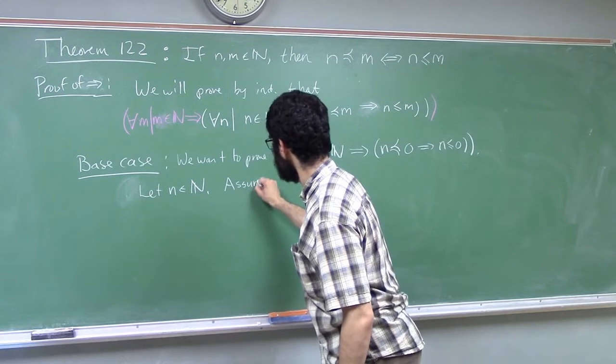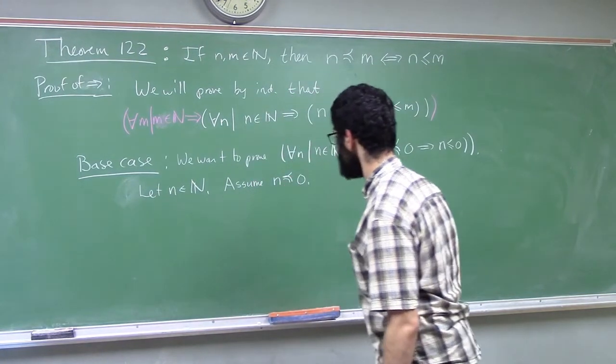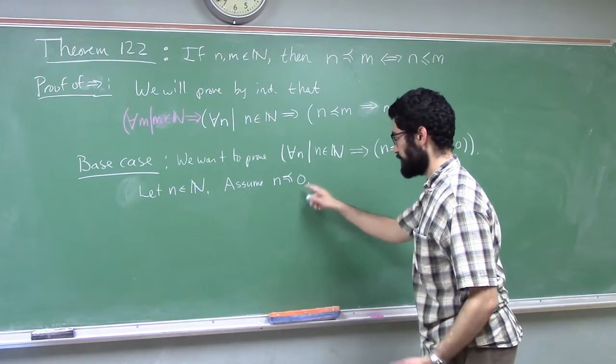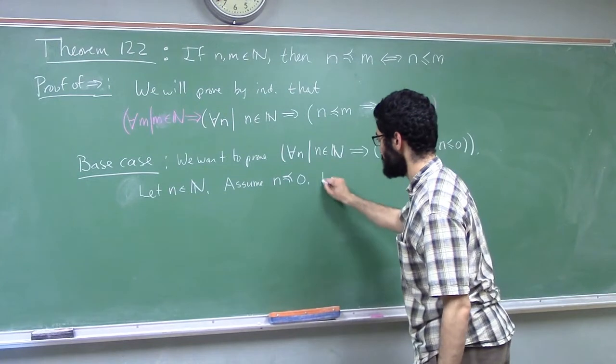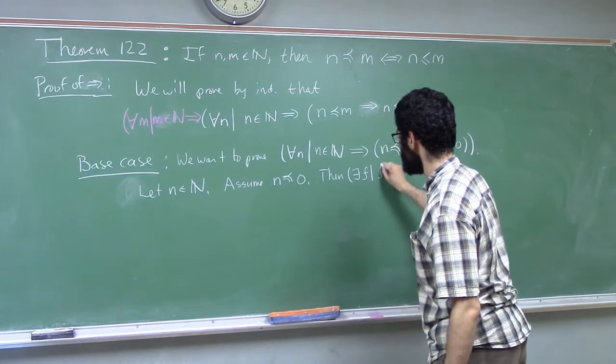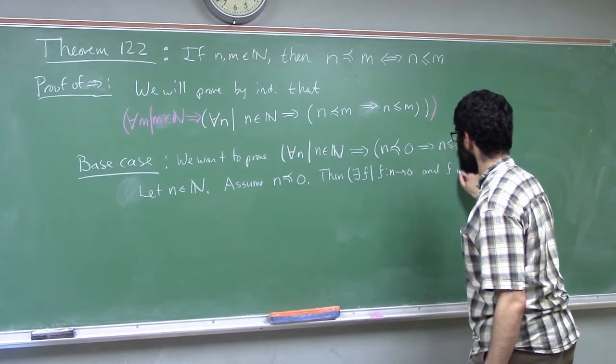Assume there's an injection from n to 0. Whenever you see this, you should sort of expand it out into what it means. It means there's an f such that f maps n to 0, and f is injective.